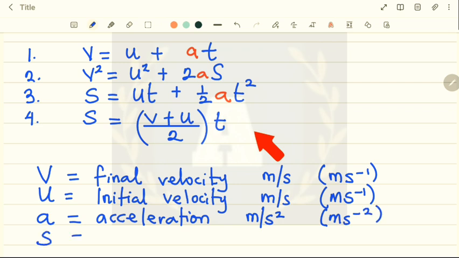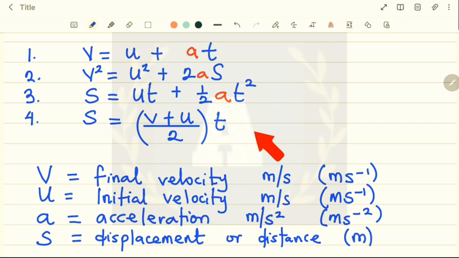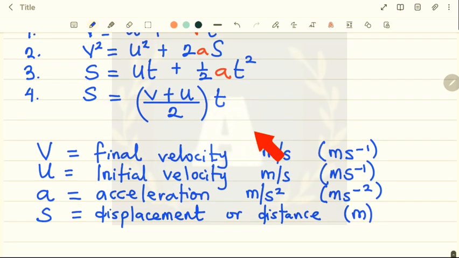Then S is the displacement or distance, in meters. Again, we have T. T is the time taken, and the unit is seconds.